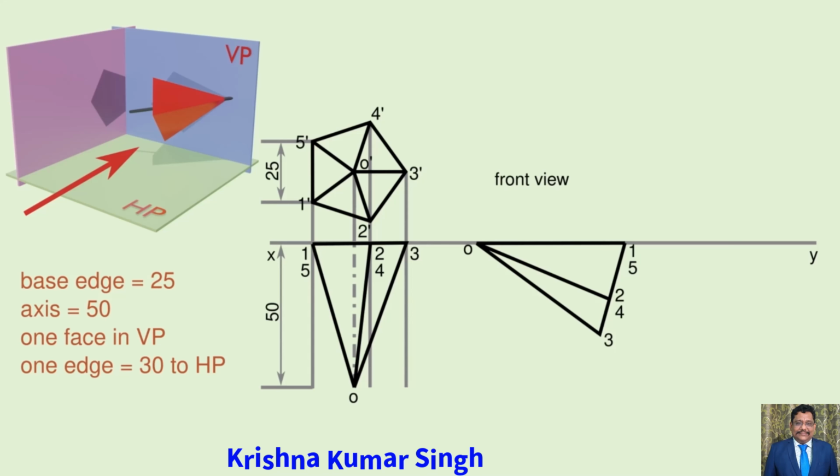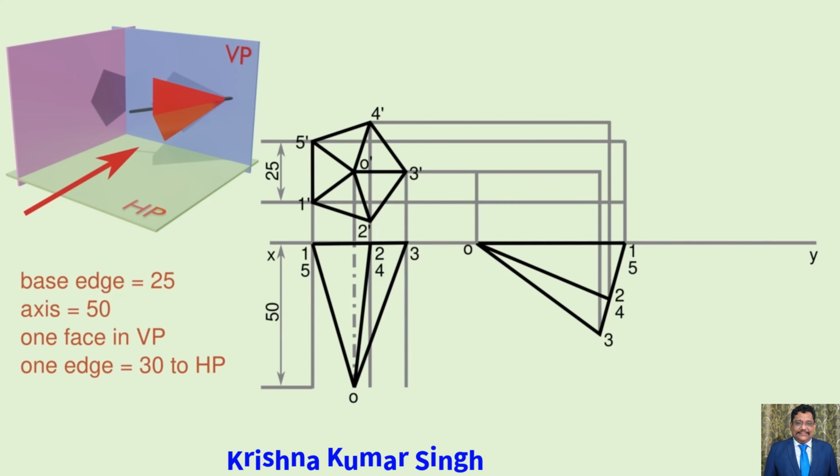Now we have to project the front view of step 2. For that, draw the parallel construction lines from the corners of the front view of step 1 towards the right side, and also extend the parallel construction lines upwards from the top view of step 2. Now we can see that all construction lines will intersect each other at some points.